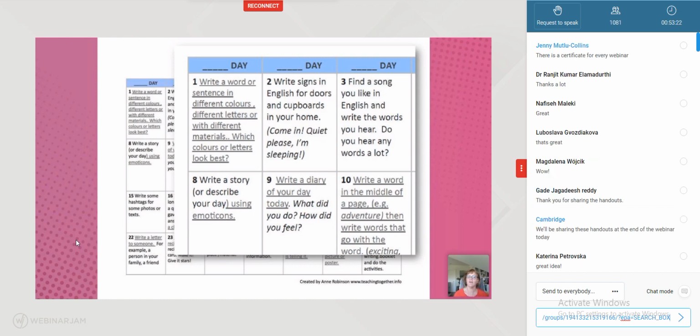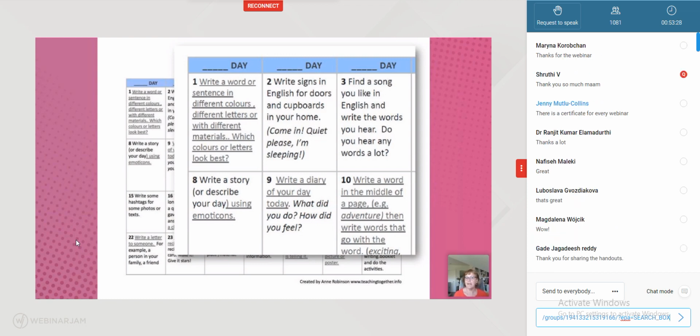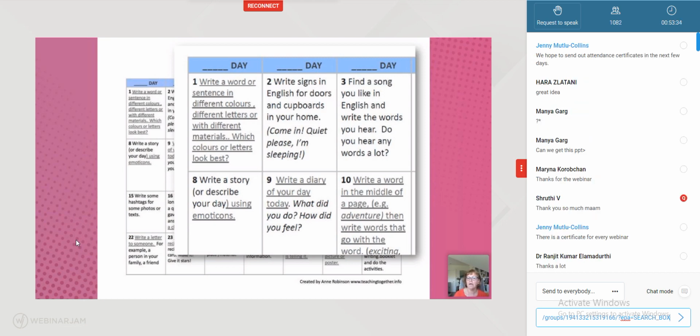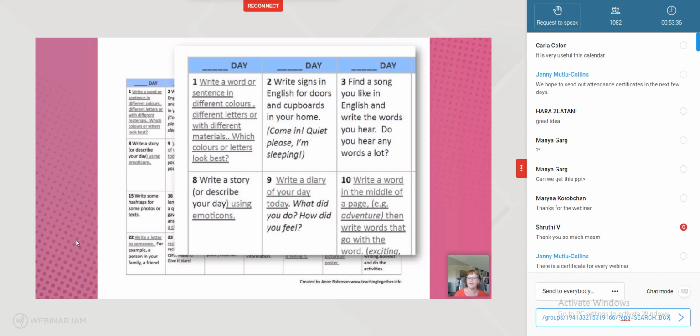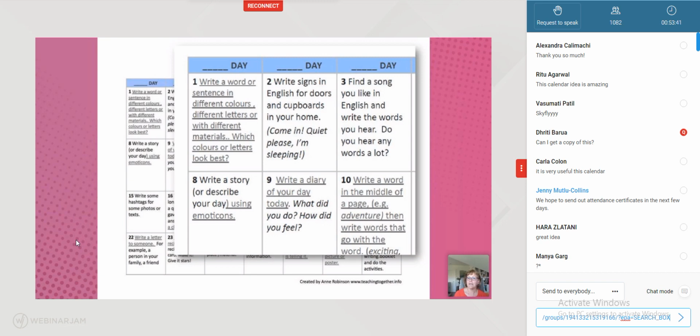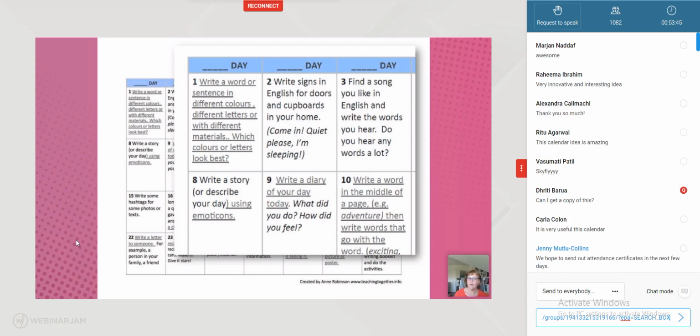I think you can understand writing signs in English for doors and cupboards in your home, you don't need me to explain very much how to do that. Or finding a song you like in English and writing the words you hear. Do you hear any words a lot?